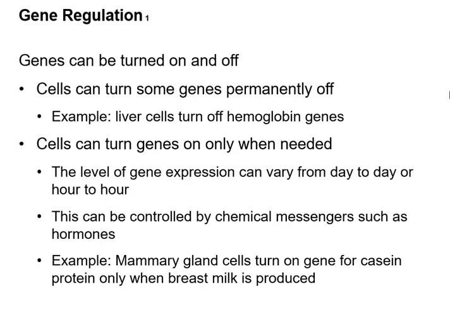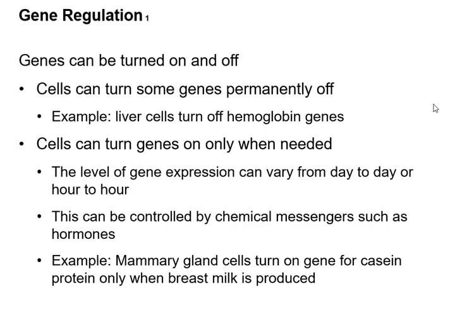I mentioned that not all of the genes are turned on at the same time. Some are permanently turned off, or we hope they're permanently turned off, inside of cells, so that a cell that's busy doing muscle type things is not also busy trying to do bone kinds of things too.